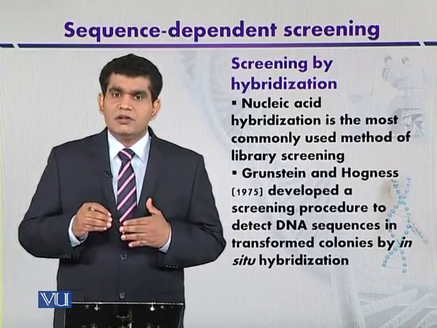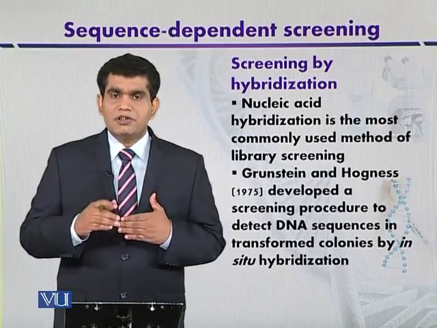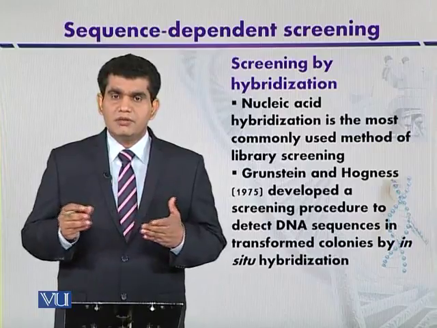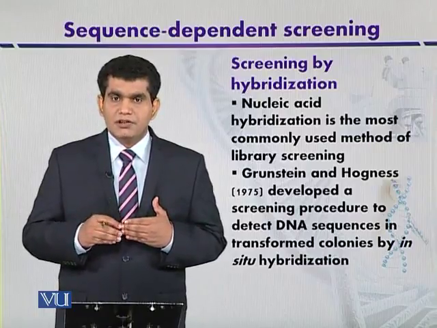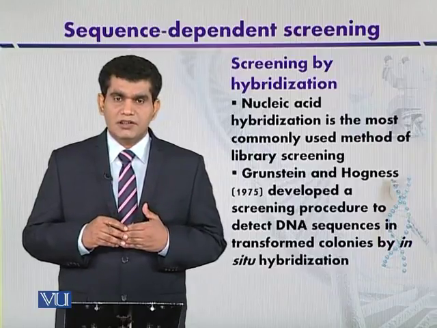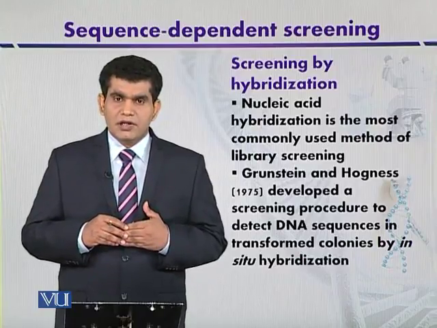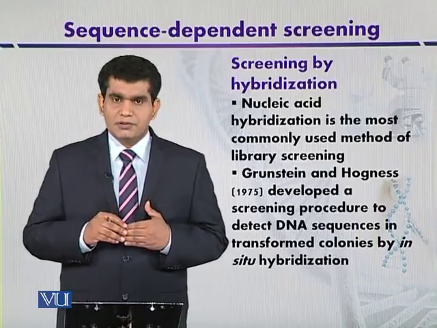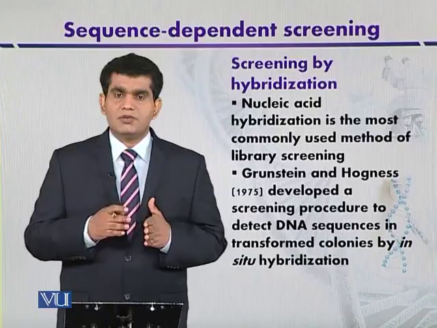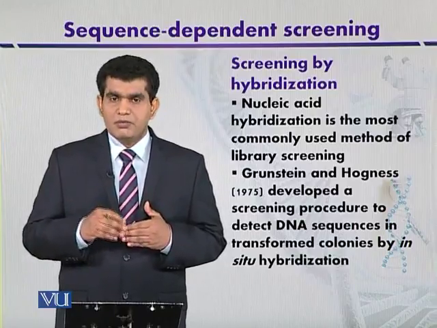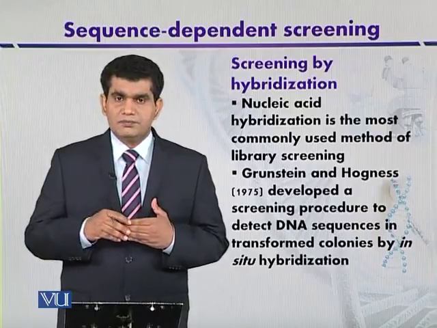After that, the lysed products are treated with proteinase K that will degrade the protein, and after that, the membrane is incubated at 80 degrees Celsius, and that will again firmly bind the DNA with the nitrocellulose membrane, so that after subsequent washing, DNA will not be removed from the membrane because of its high affinity.